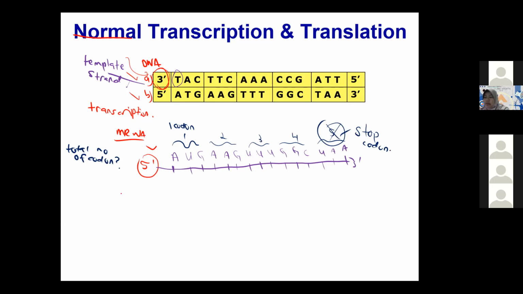Okay, now from mRNA, next the proceed after that is the translation. Okay, so during translation, each of the codon will be translated into amino acid, specific amino acid. Okay, so now what is the amino acid code by codon AUG?